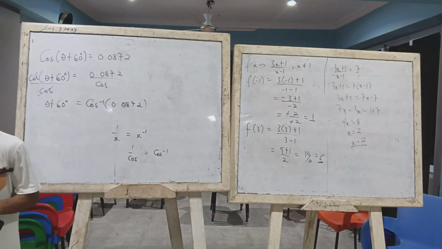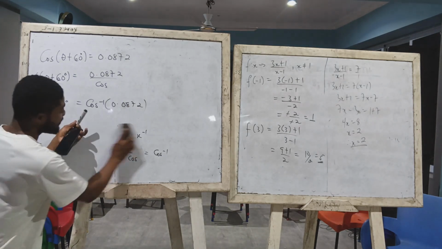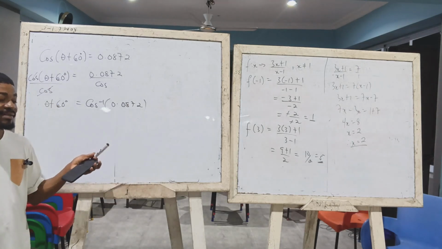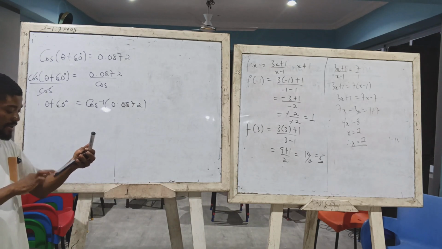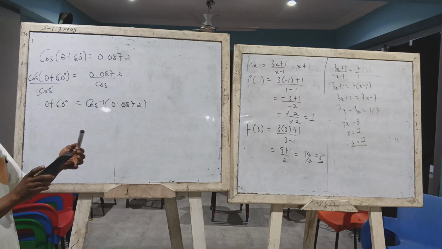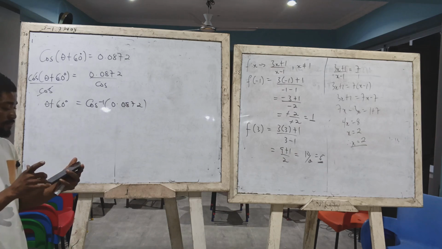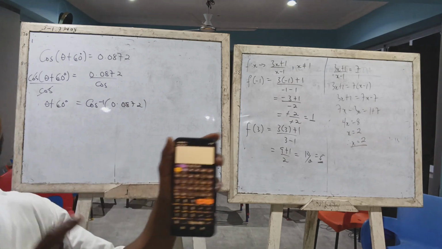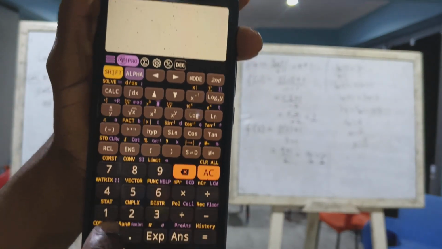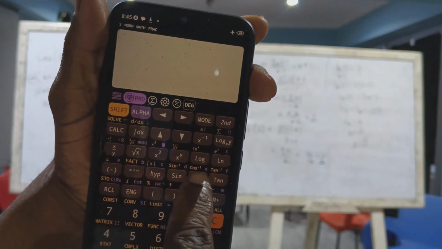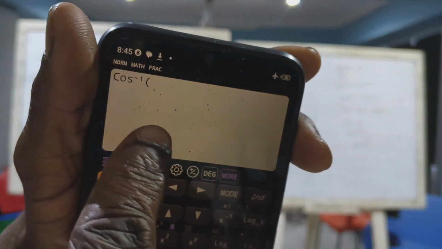When you get to this level, you might feel like you must use a calculator. Just take your calculator, because I have the calculator on my phone, I want to do it for you to see. So you punch shift before you punch your cos, which gives you the cos inverse.